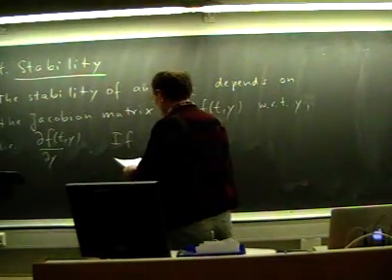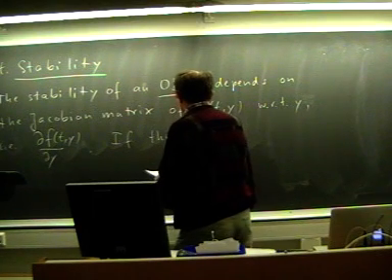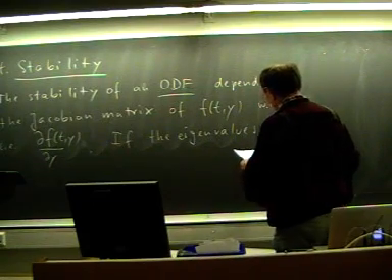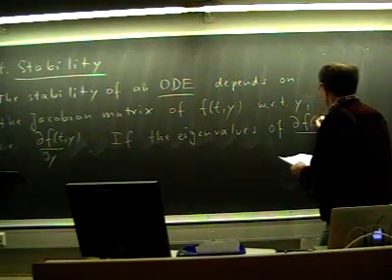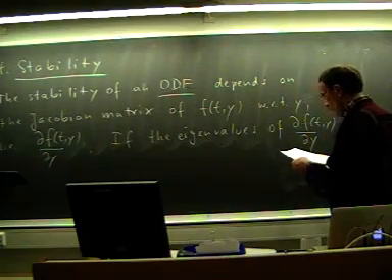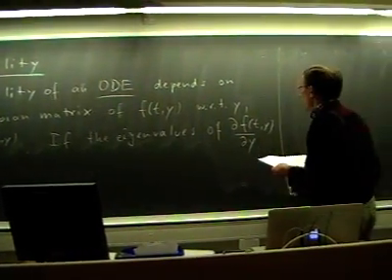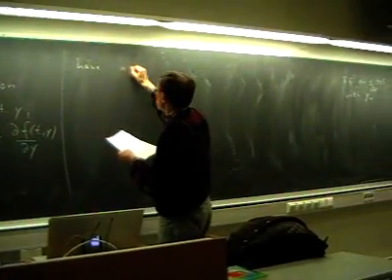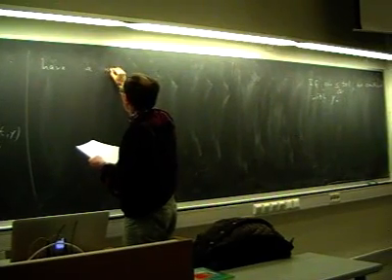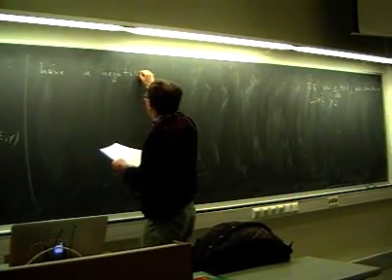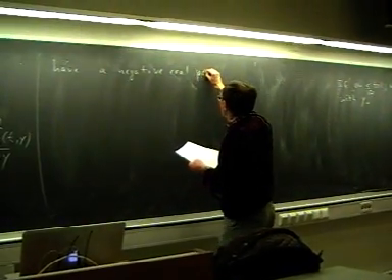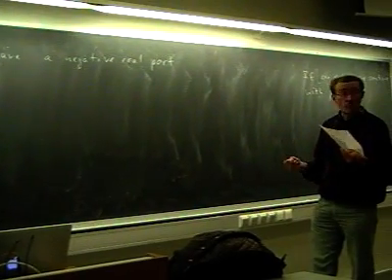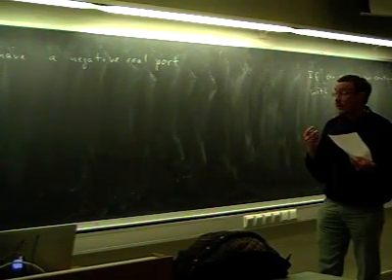So if the eigenvalues of this Jacobian matrix, df/dy, have a negative real part, so the eigenvalues are complex numbers, so they can have a real and an imaginary part.